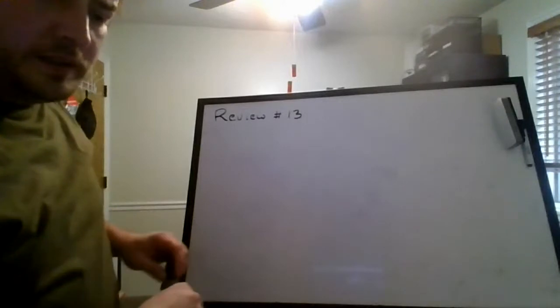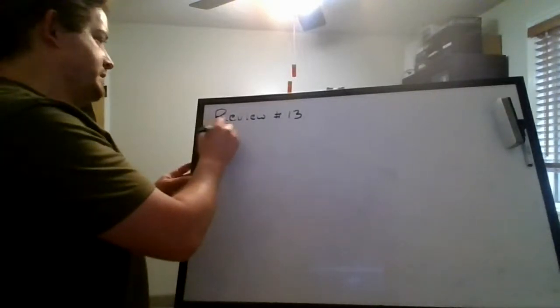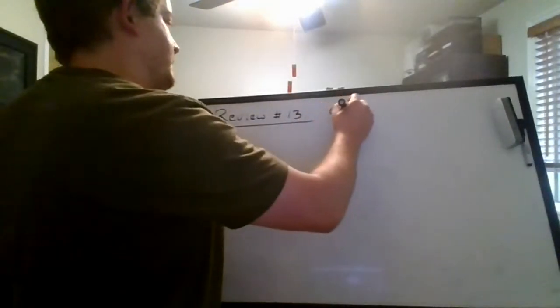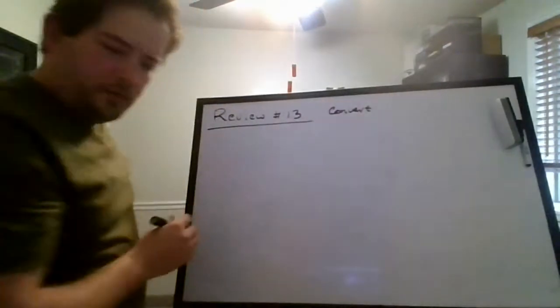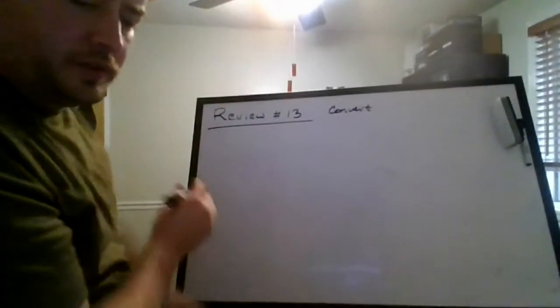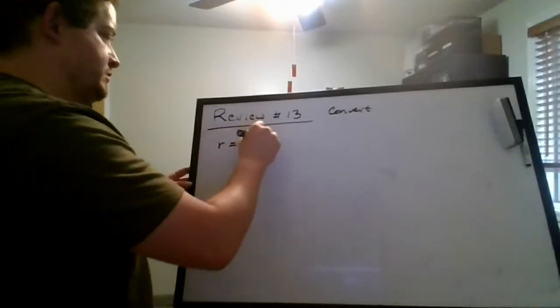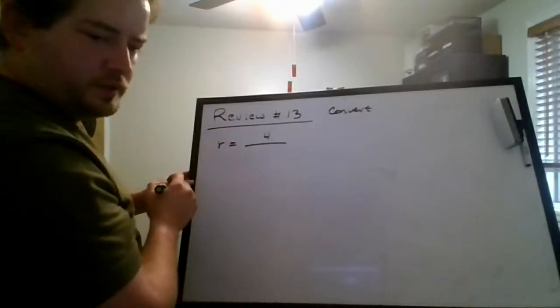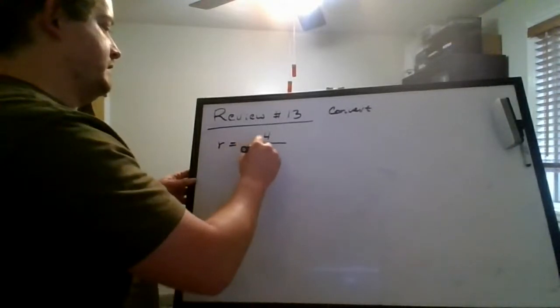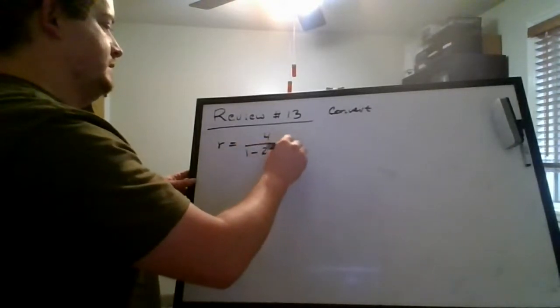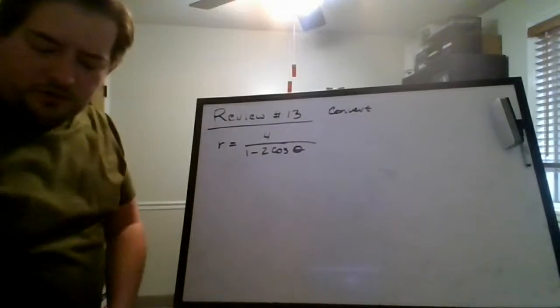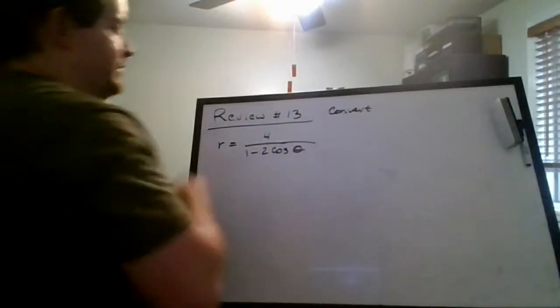13A says convert from polar into rectangular coordinates. So I have r equals 4 over 1 minus 2 cosine theta. The key here is to use the identities that we have.